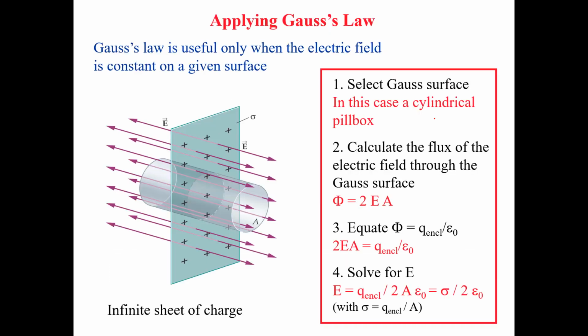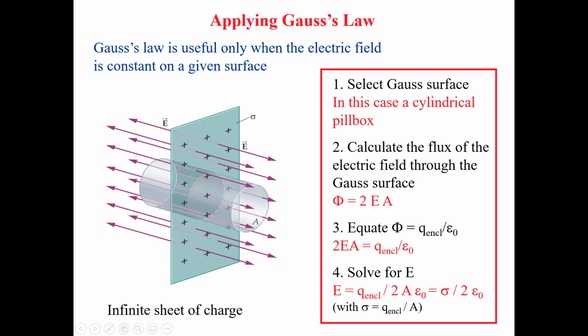Now here is our application sa Gauss law class. So for example, you have here a positively charged sheet with surface charge density equal to sigma.